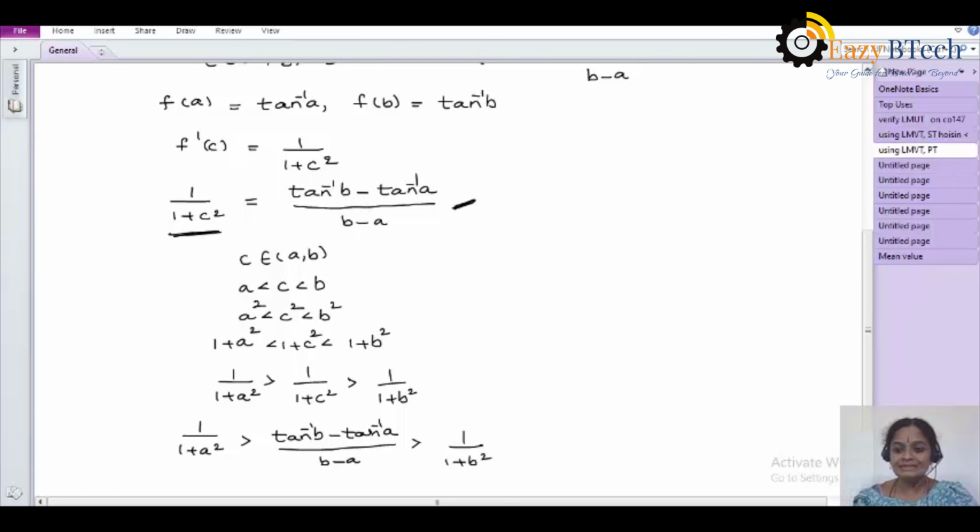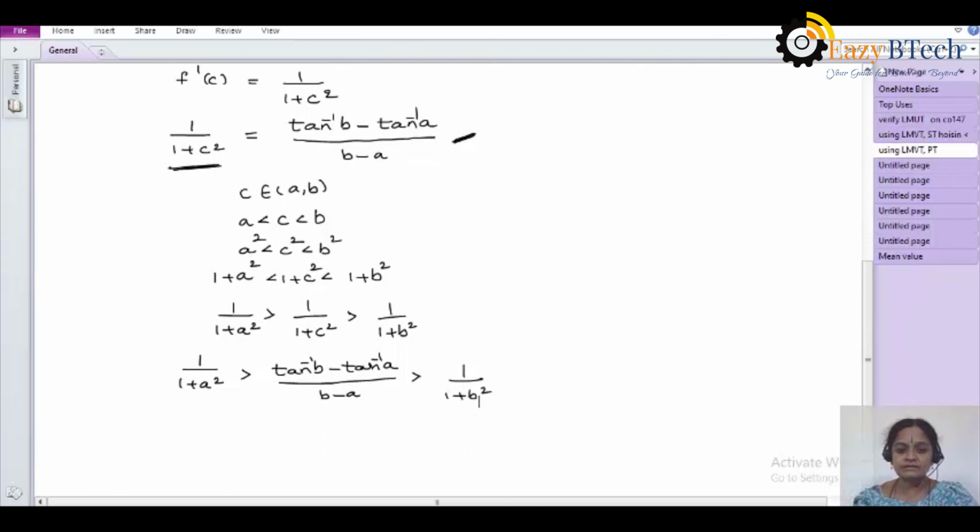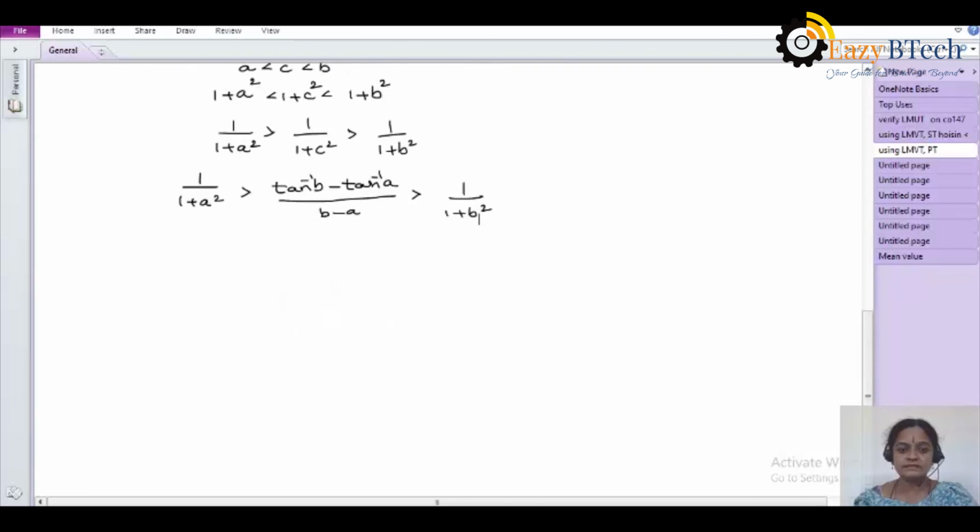Coming to the middle term, the denominator is b - a, so multiplying with b - a, we get (b - a)/(1+a²) > tan⁻¹b - tan⁻¹a > (b - a)/(1+b²).